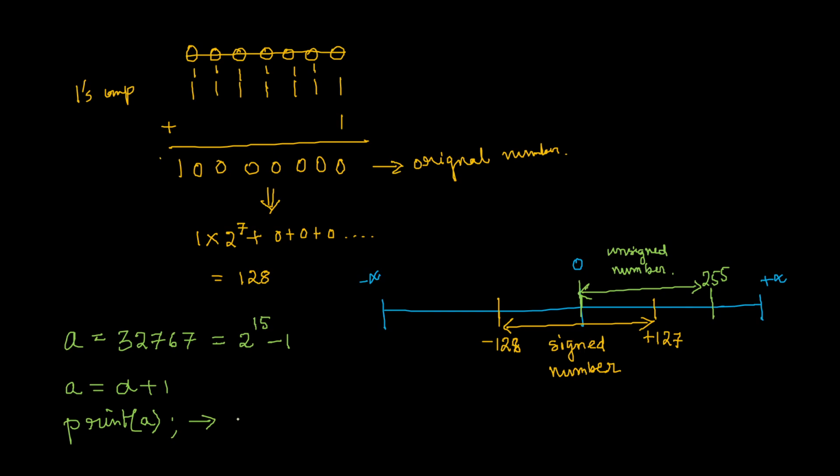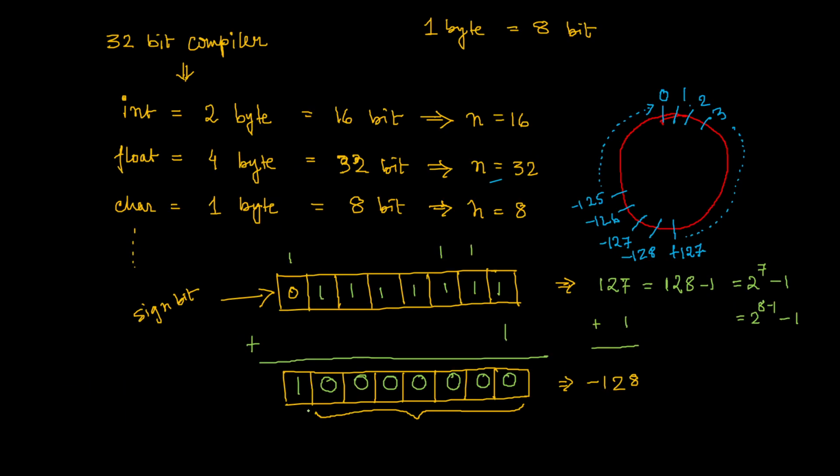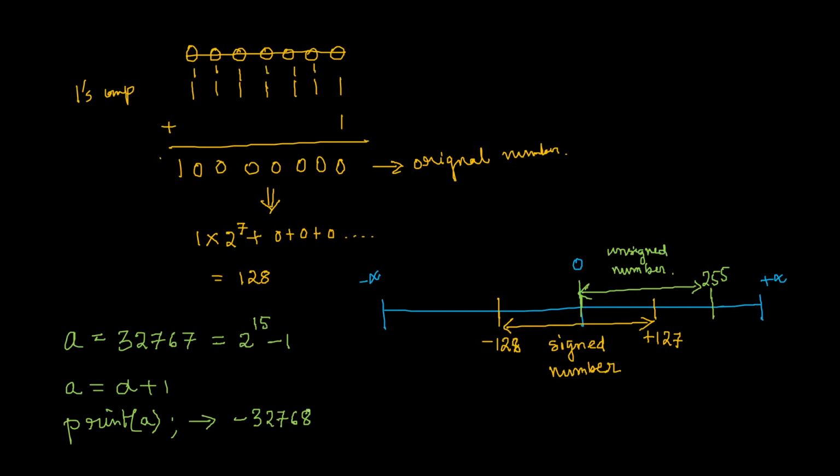It will basically print minus 32,768. And this is interesting. So if you are able to realize this range for only, say for example, character, as I have shown you, it's very easy to realize the range from an integer data point of view, even from float point of view. Now, question is that how we can declare this?